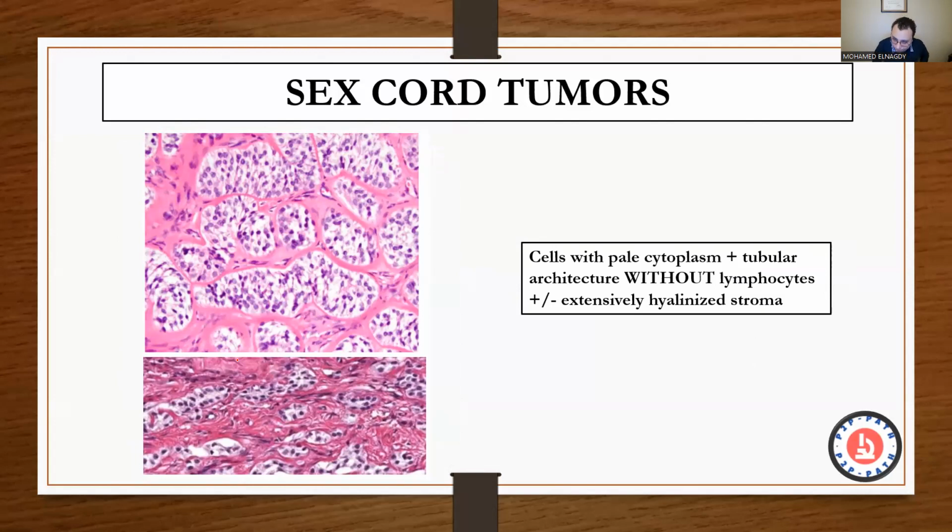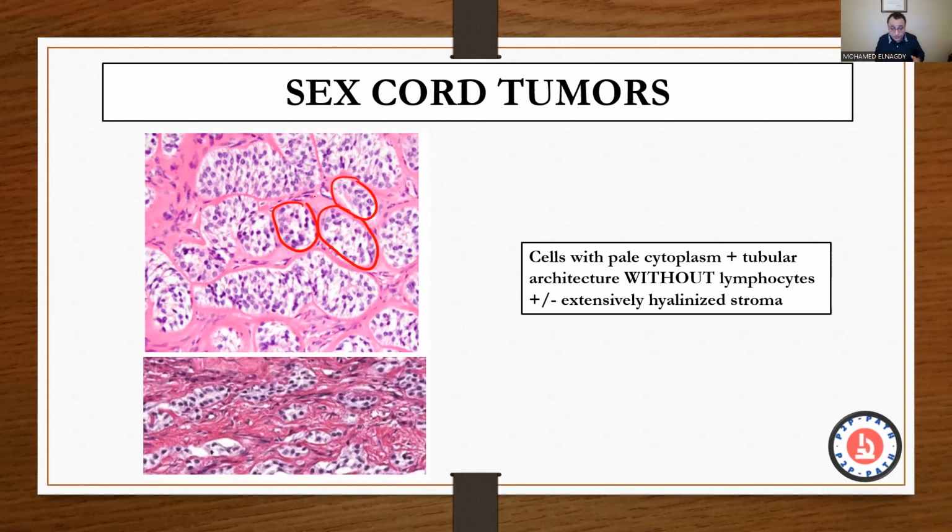See that? You're seeing cells with pale cytoplasm. They have a tubular architecture, which looks like one big, huge seminiferous tubule split into smaller tubules. So we always say tubular architecture: cells with pale cytoplasm and tubular architecture. This looks like a seminoma.